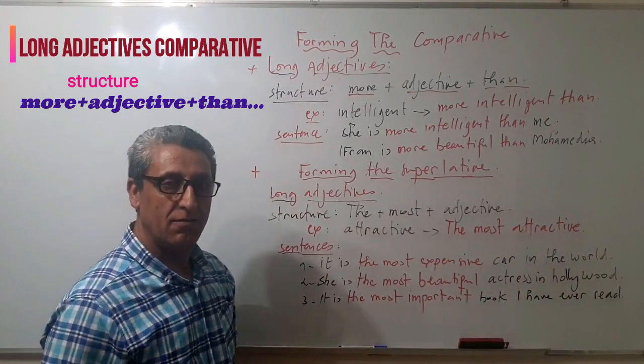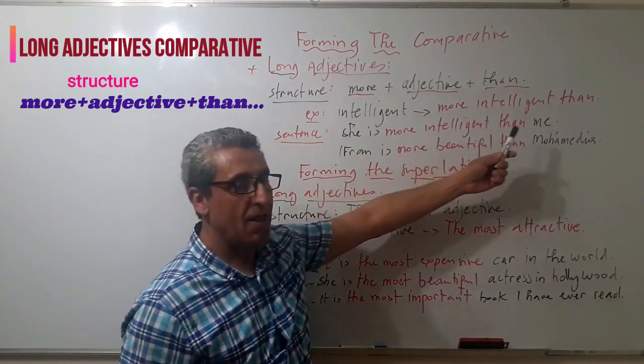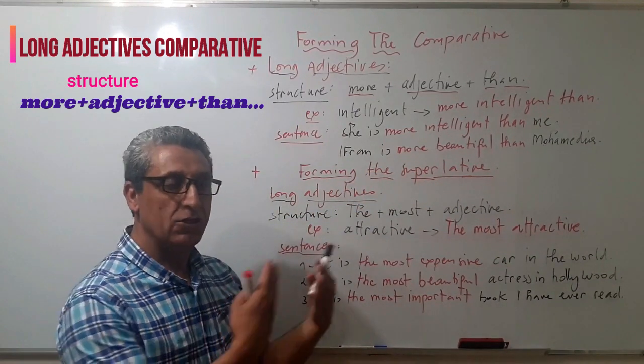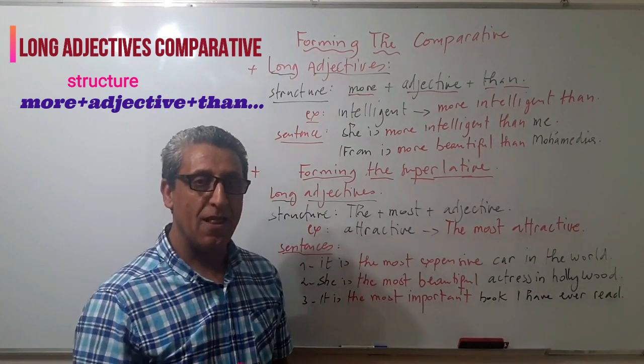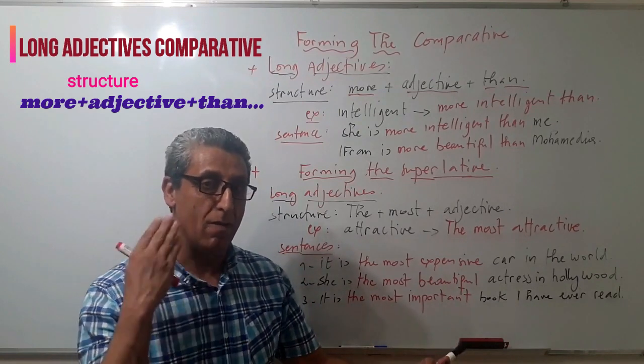Look at the example sentence: She is more intelligent than me. I'm comparing myself to her, and I say she is more intelligent than me. So it's a comparison between me and her. Remember, comparison.